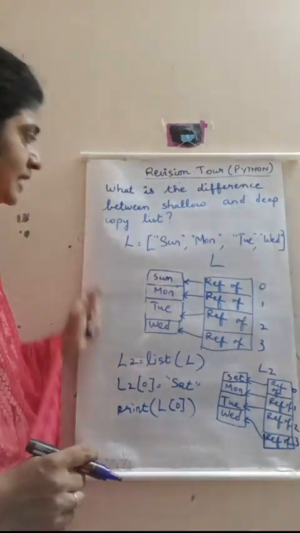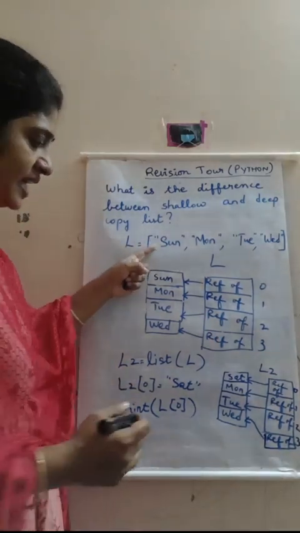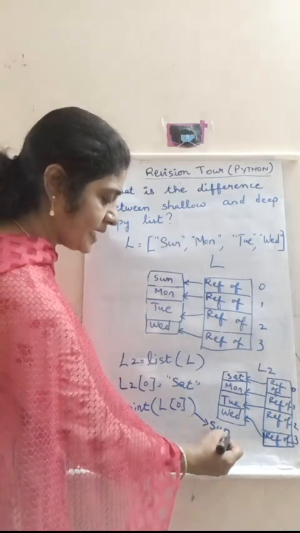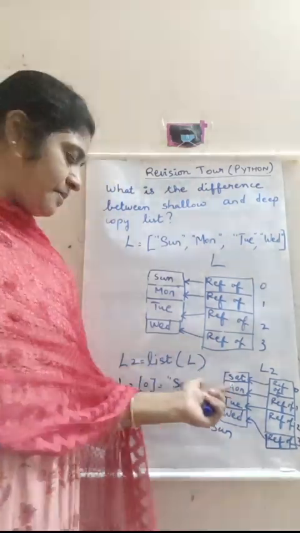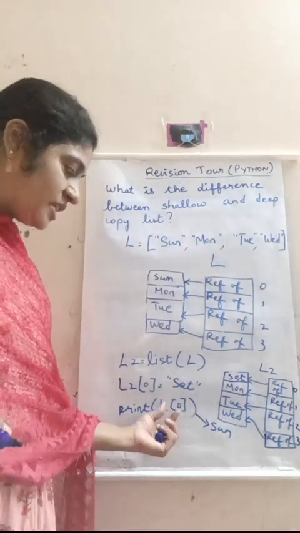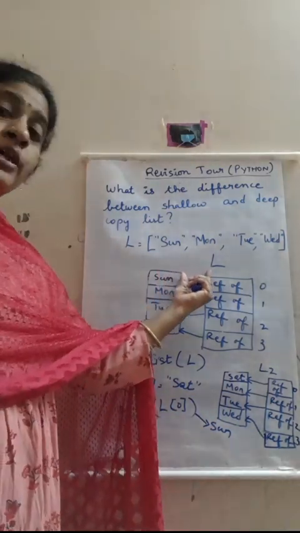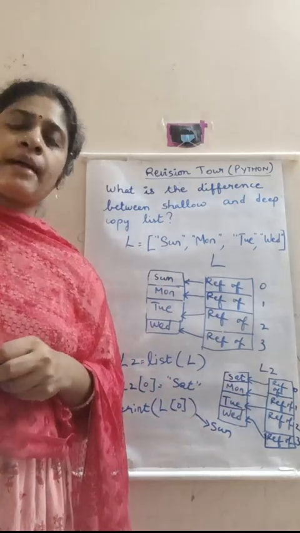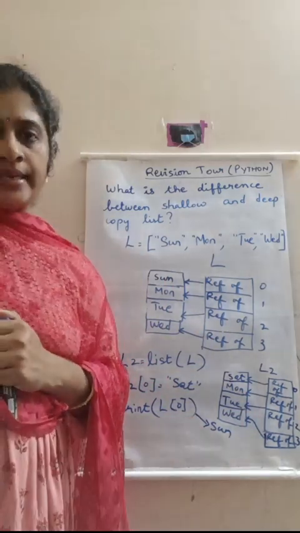In this case the answer would be Sunday, not Saturday, because you are referring to the location L, not L2. So this is about deep copy list.